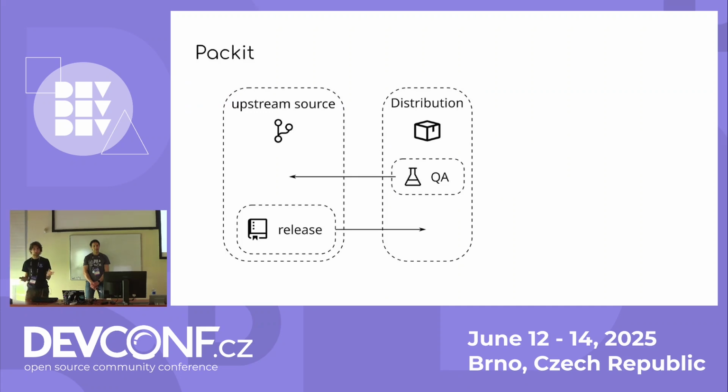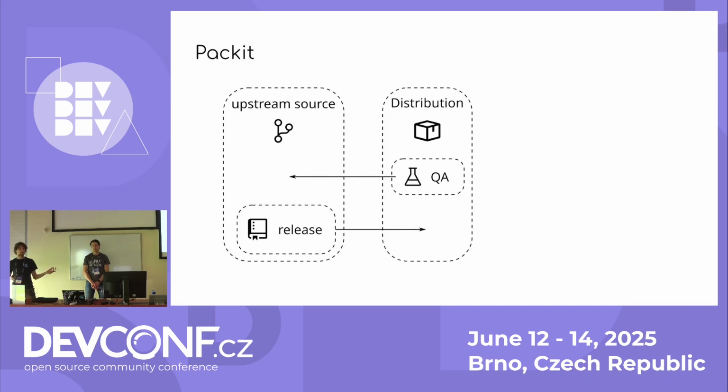Okay, now about Packit. If you don't know, the goal of the Packit project is to bring upstream, meaning GitHub, GitLab, the developers, closer to the distribution. So we have two ways we are doing that. One is providing the downstream feedback closer to the upstream development, so ideally have direct feedback on the change.